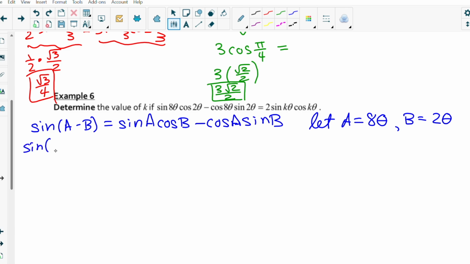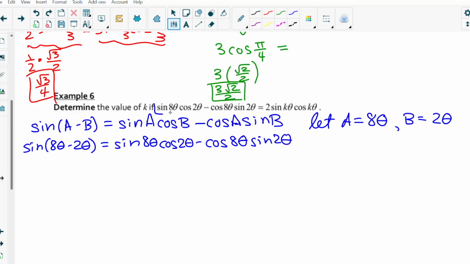So I have sine of 8 theta minus 2 theta equals, well, when I fill this in, folks, I get exactly what I started with, right? So cosine of 8 theta sine of b, which is 2 theta. Okay, so that matches this part right here. That's step 1. I recognize it as a sine difference identity.